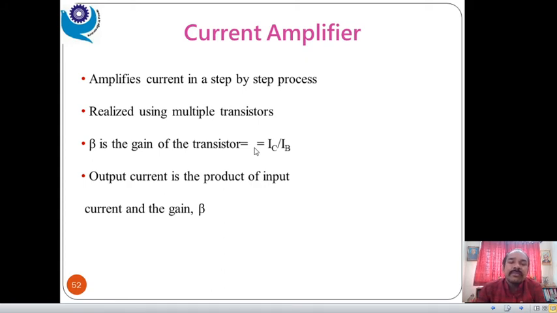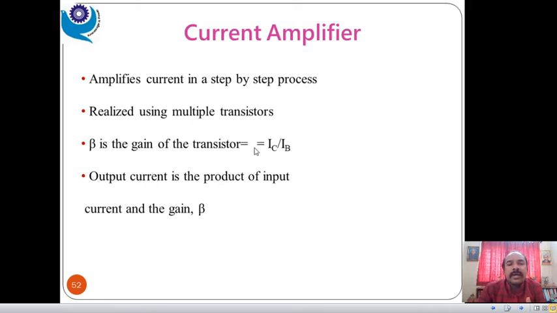In that case the temperature sensor senses, and that signal is given to the microcontroller. Now the microcontroller has to give a signal to the air conditioner, but the air conditioner operates on a very high voltage, that is 230 volt AC, and also 1 to 2 amperes of current. The microcontroller works on 5 volt, and whatever output current it generates is in milliamperes.